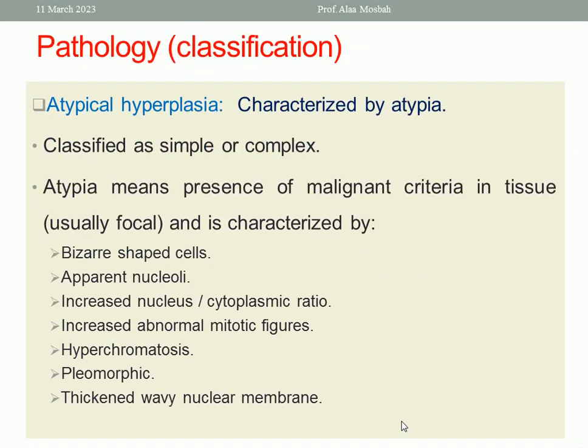The third in pathology is atypical hyperplasia, characterized by atypia, which is very important. It may be simple or complex, but what is important is the atypical cells. Atypia means the presence of malignant criteria, characterized by bizarre shaped cells, apparent nucleoli, increased nuclear cytoplasmic ratio, increased abnormal mitotic figures, polymorphism, irregular nuclear membrane, and hyperchromasia. These are the criteria of atypia.